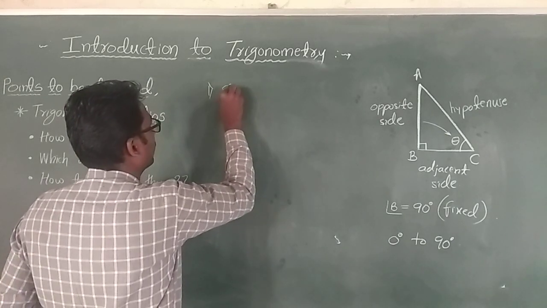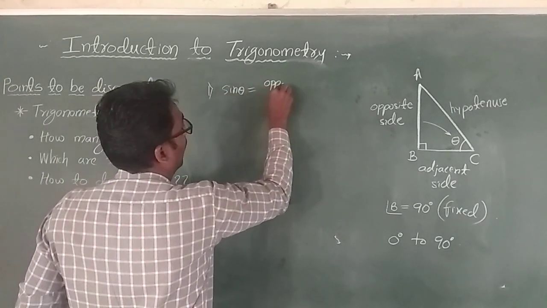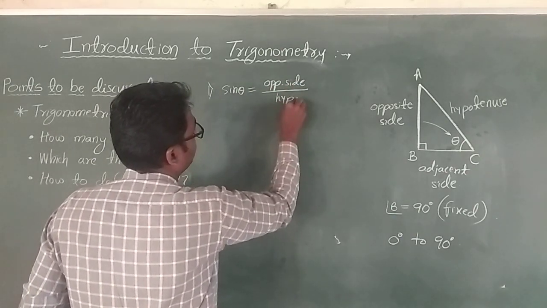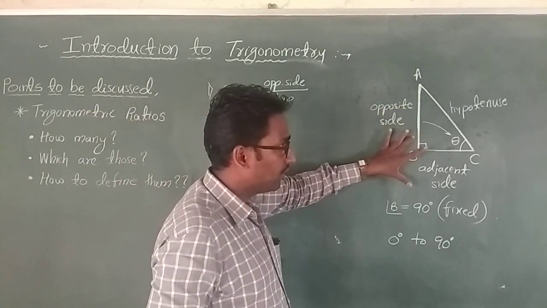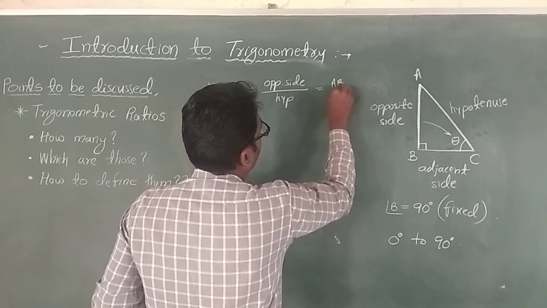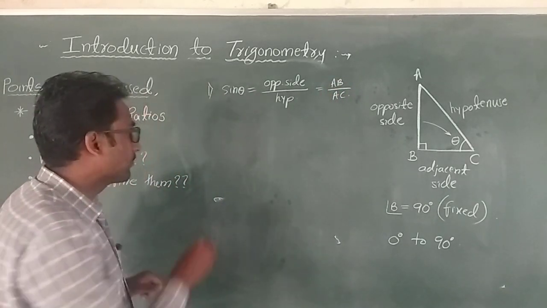So we can write sine theta is equal to opposite side by hypotenuse. In the figure, opposite side is AB and the hypotenuse is AC. So AB by AC is nothing but the sine function.